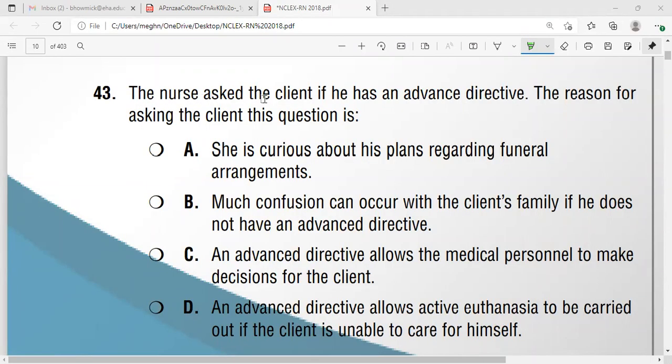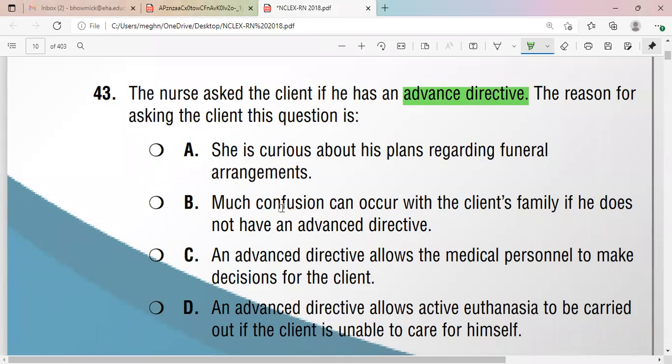So the nurse asks the client if he has an advanced directive, right? The reason for asking the client this question is, number A, she is curious about his plan regarding the funeral arrangement.